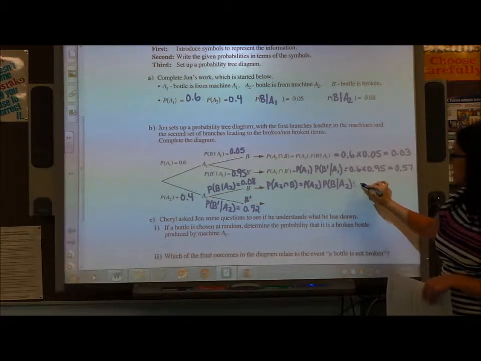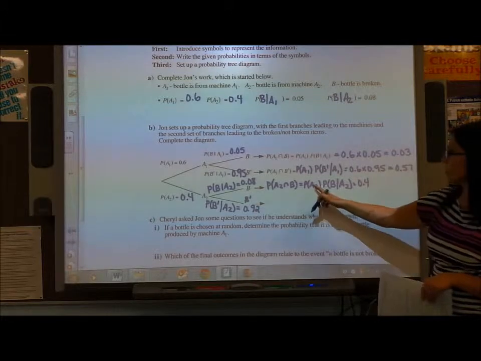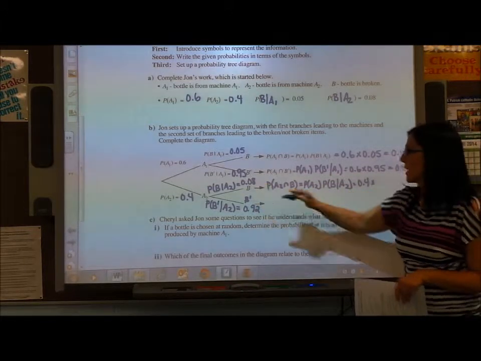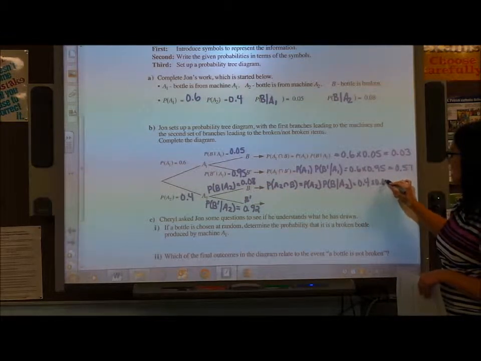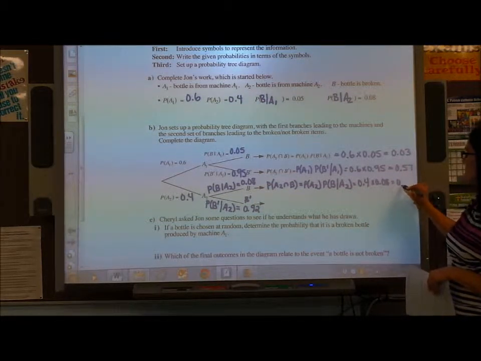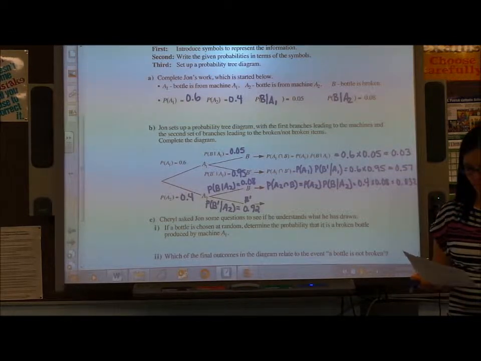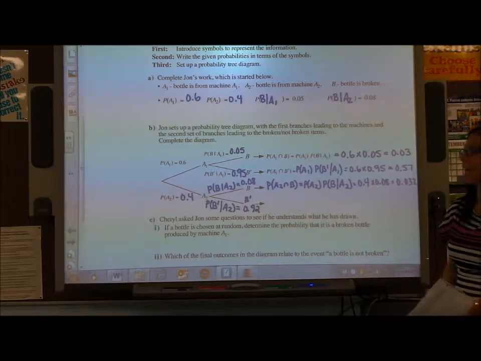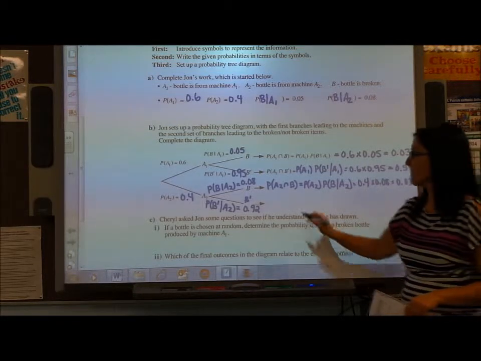This equals 0.4, the probability that it was from A2, times 0.08, the probability that it was broken, which gives me 0.032. So 3.2% chance that it's broken and came from the second machine.